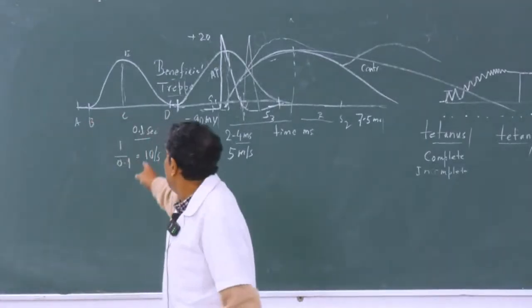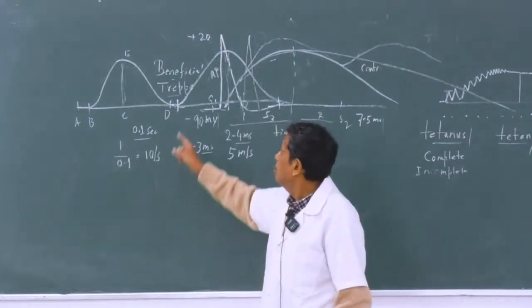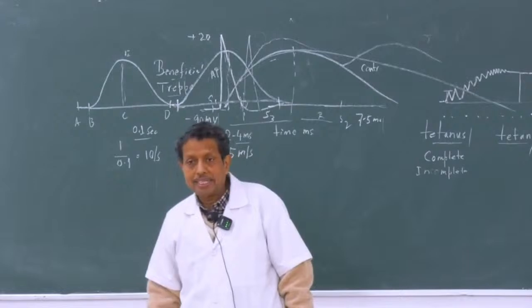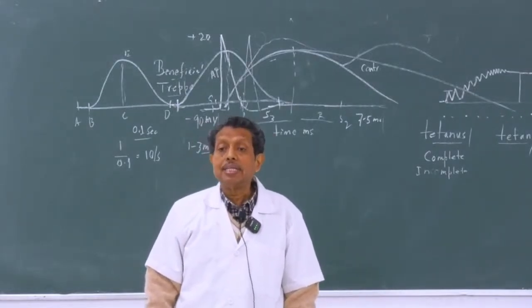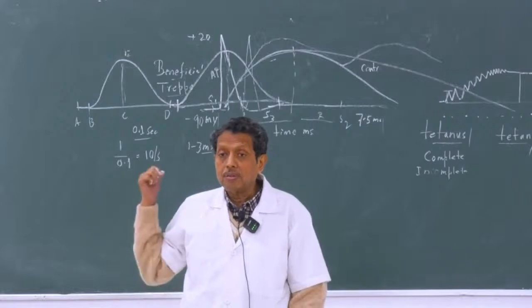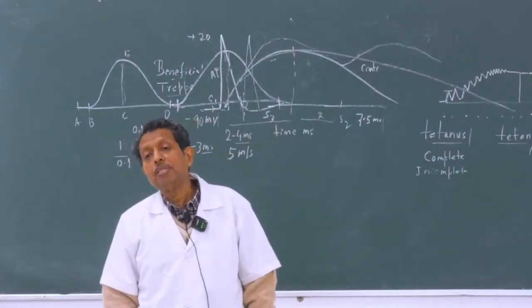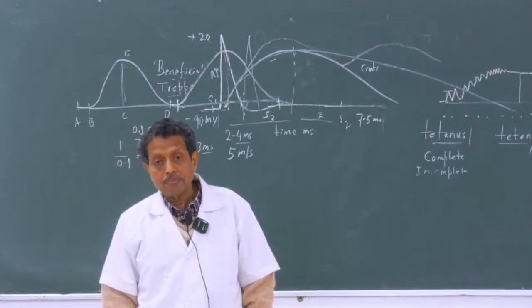In this case, it is not summation, it is the beneficial effect of the first contraction over the second contraction. It is called treppe or staircase phenomenon, but in the amphibian laboratory and text it is called beneficial effect. It is due to increasing availability of calcium ion.